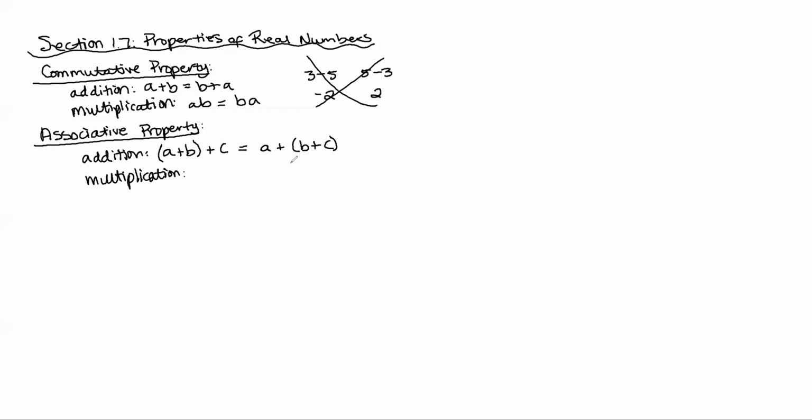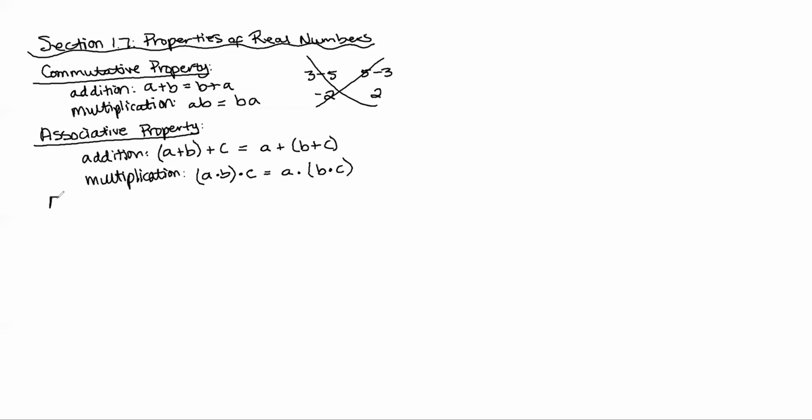Same kind of thing for multiplication. We're just going to replace these addition signs with multiplication. So a times b in parentheses times c is the same thing as a times parentheses b times c. So we can multiply and add in different orders and still get the same results.